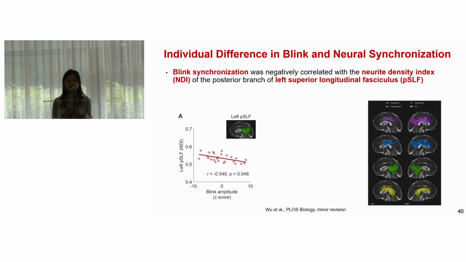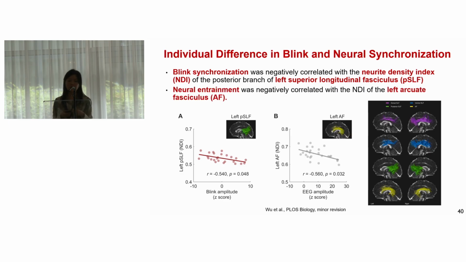Here, the blink synchronization was negatively correlated with the NDI of the left SLF, and the neural entrainment was negatively correlated with the NDI of the left AF, which means that those white matter pathways connecting motor areas and auditory areas contribute to how well we can synchronize with musical beat structures, either by our neural oscillation or by our blinks.